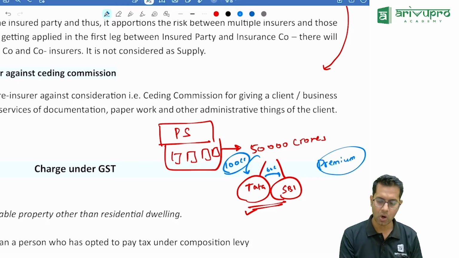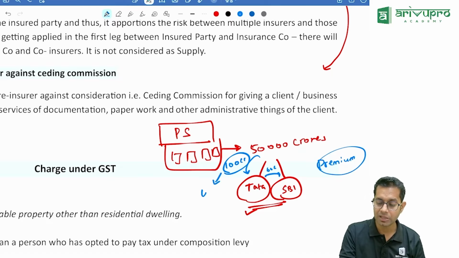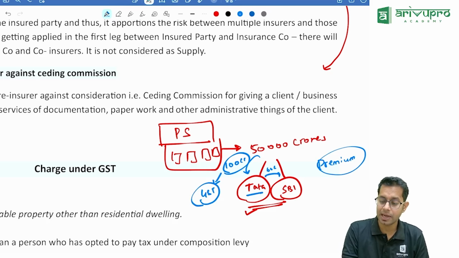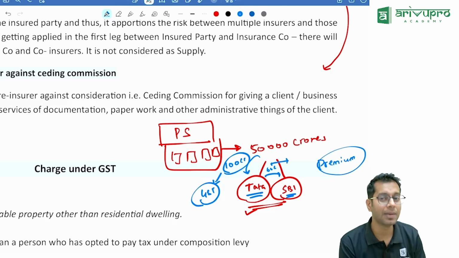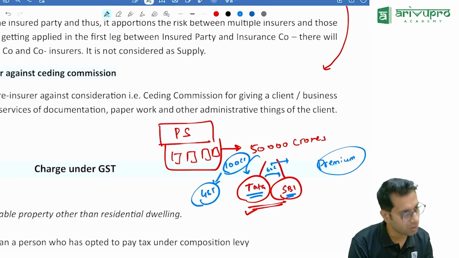On this 100 crore rupees, because Tata is giving services to me, they would have charged GST. Now the question is whether GST is applicable on the 60 crores of insurance taken by Tata from SBI, whether this transaction is treated as supply or not.